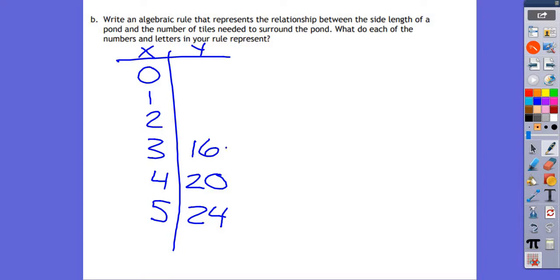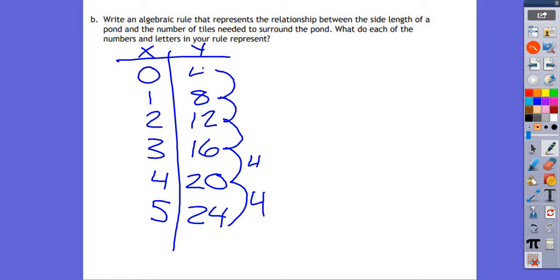Well, we already noticed a pattern that it was going up by 4. So how could I figure out what 2 would be? Subtract 4, and I would be at 12. Then to find 1, I subtract 4 again, and I'm at 8. To find 0, I subtract 4 again, and I'm at 4.